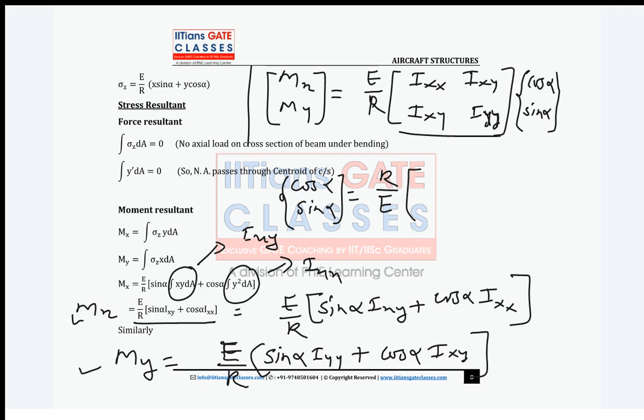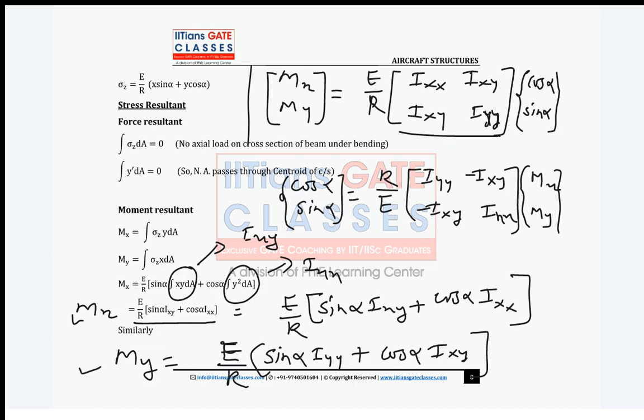So it is Iyy, then Iyy minus Ixy, minus Ixy and Ixx, and this is multiplied by what? Mx and My. Right, guys?